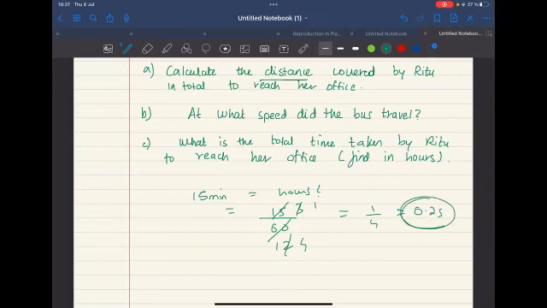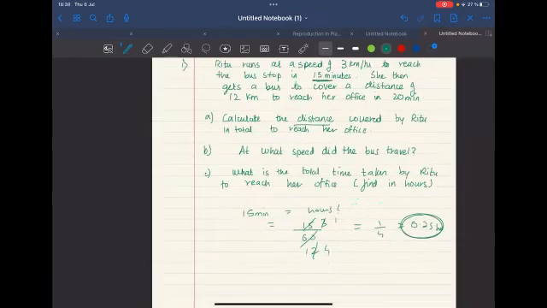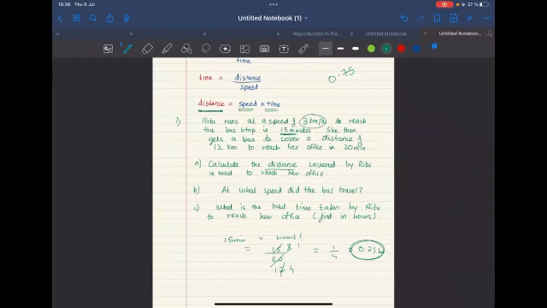So 0.25 hours. Now this is the conversion of 15 minutes into hours. Now you need to find the distance. Distance, you know, is speed into time. So here speed is 3 kilometer per hour. So 3 kilometer per hour into time is 0.25.